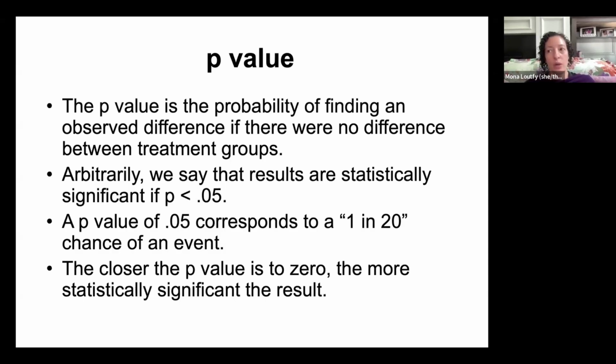Ideally, you're probably thinking, well, why don't we set the p-value at 0.01? Wouldn't that make sense? I would prefer to be 99% accurate, but to get a p-value of 0.01, that's 99% accurate, you would probably need too big of a sample size.